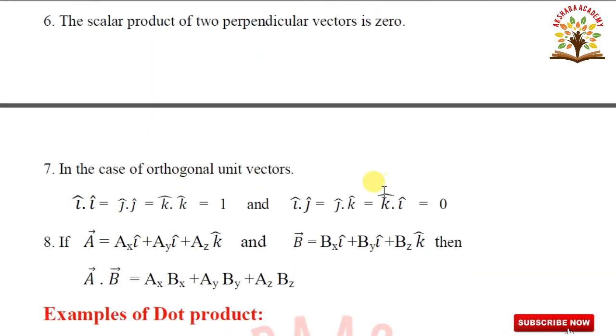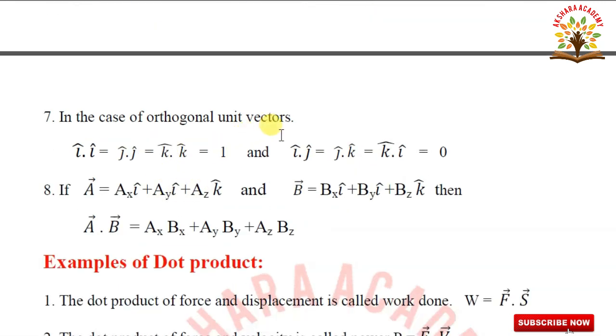Next, in the case of orthogonal unit vectors, i cap dot i cap is equal to j cap dot j cap, that is equal to k cap dot k cap is equal to 1, and i cap dot j cap is equal to j cap dot k cap is equal to k cap dot i cap is equal to 0.